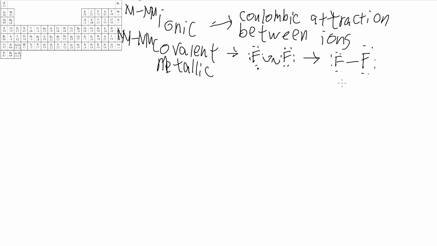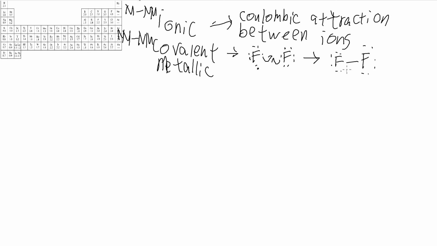Notice how I'm drawing all the electrons so that I can count up my electrons later. Fluorine has 7 valence electrons, so I have 7 valence electrons in this fluorine and 7 valence electrons in this fluorine as well, the left and the right fluorine.